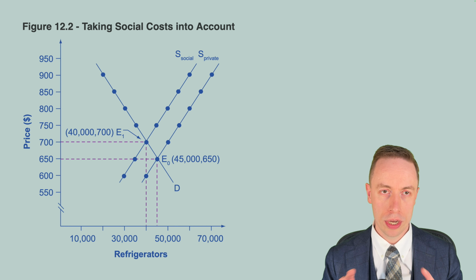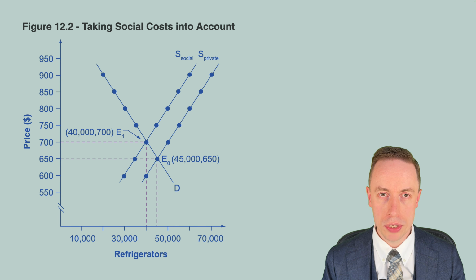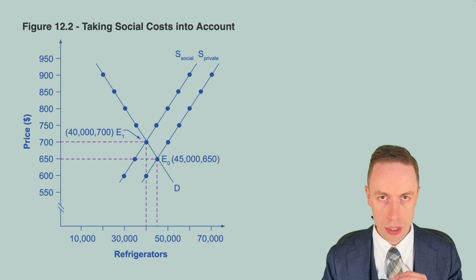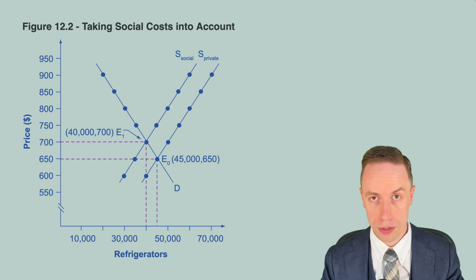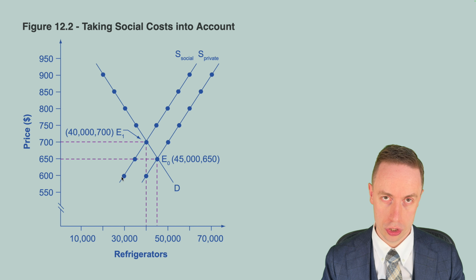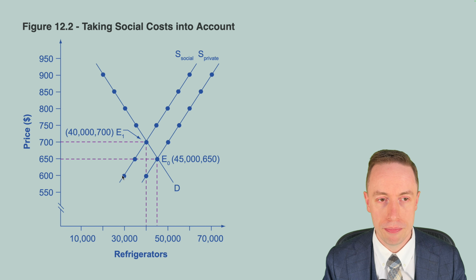So look what we're looking for in terms of our socially optimal outcome. Number one is, of course, we want to see fewer fridges made, 40,000 instead of 45,000. Again, not a total ban, we just want to pull back a little bit, because up to fridge 40,000, the buyer value of these fridges actually exceeds even the social cost of production. So those make our society better off.